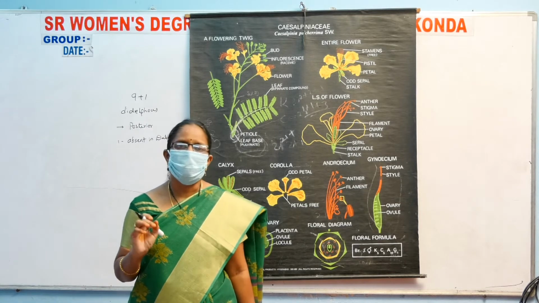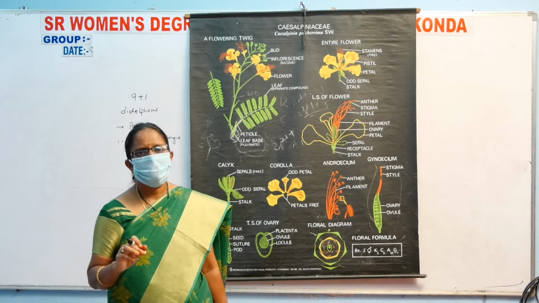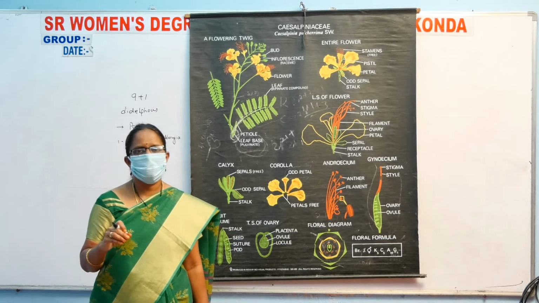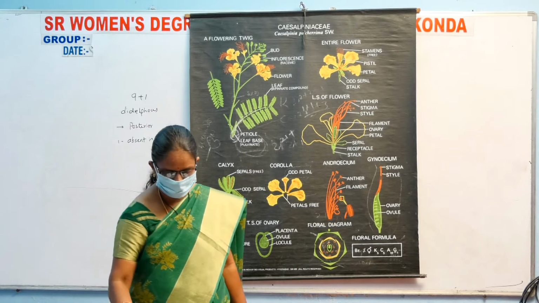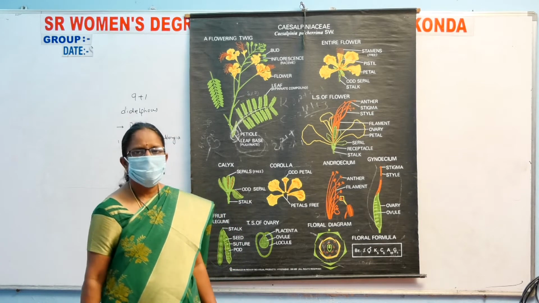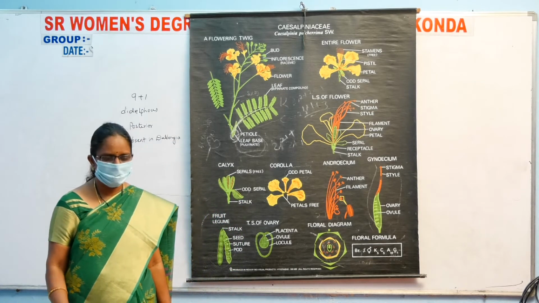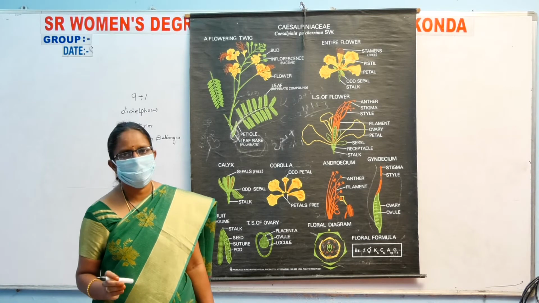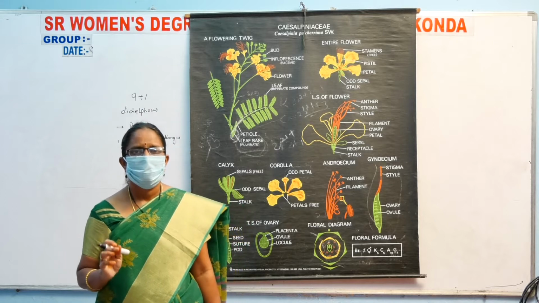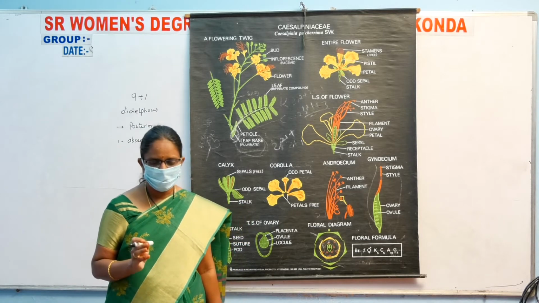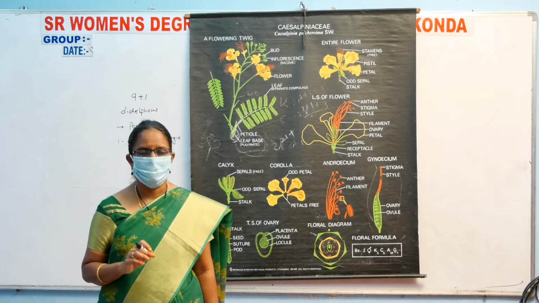This is called didelphous arrangement. In didelphous, for example in Dalbergia, the posterior stamen is absent. Normally the anthers are dithecous with longitudinal dehiscence.